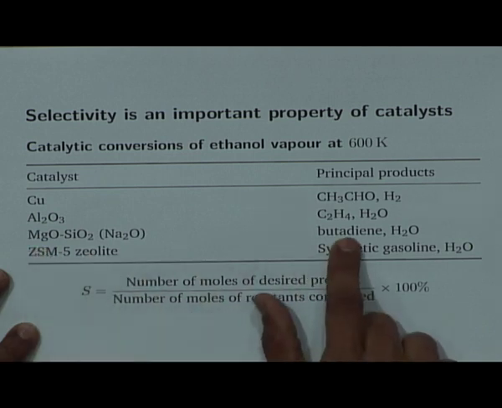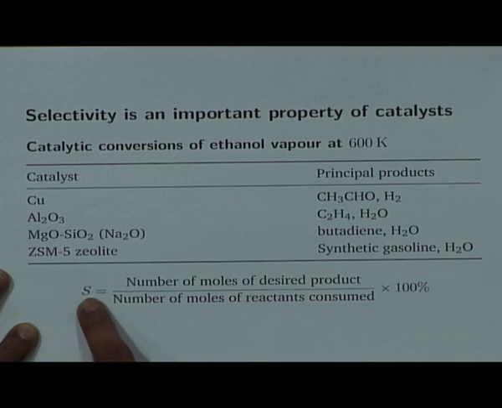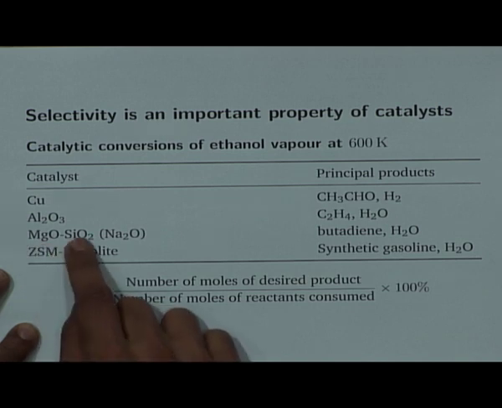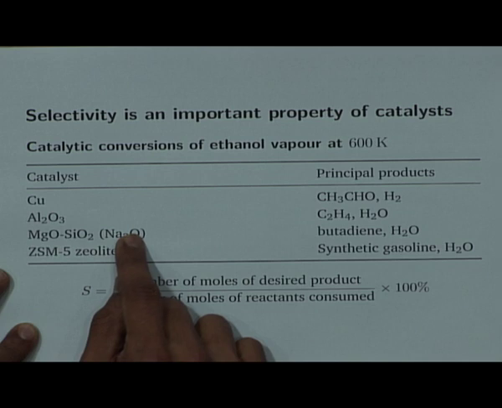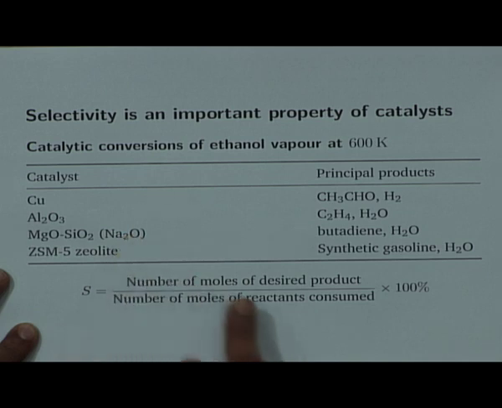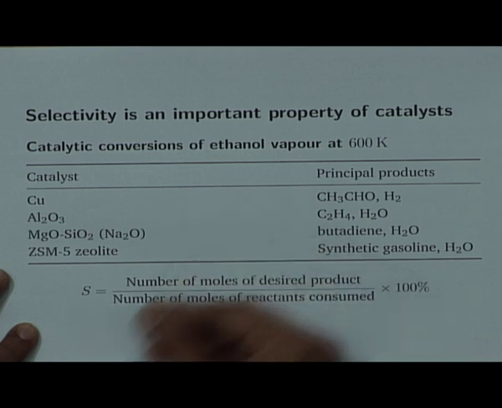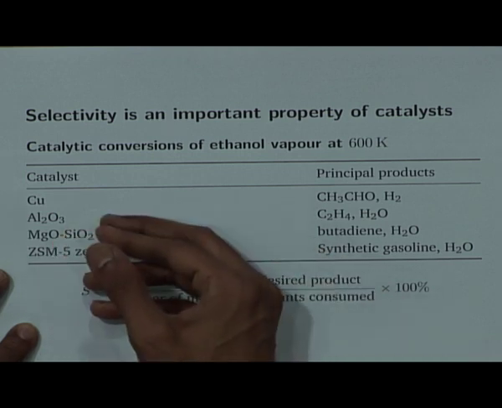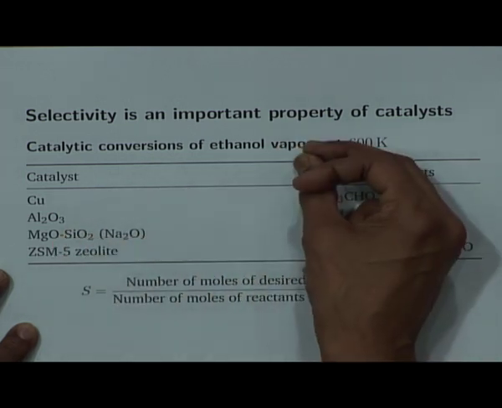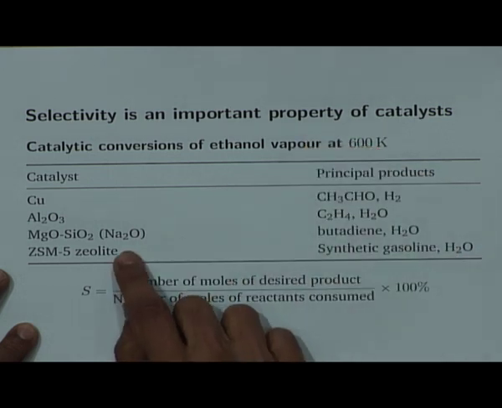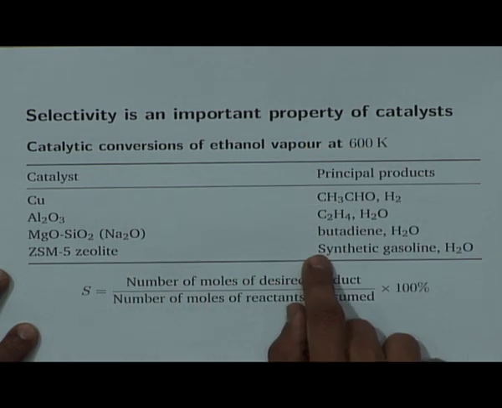If I get 0.8 moles of butadiene, then the selectivity of magnesium oxide, silicon dioxide with Na2O as a promoter would be 80%, because it will be 0.8 divided by 1 times 100. So, this is a measure of how selective a catalyst is for a particular reaction, right?